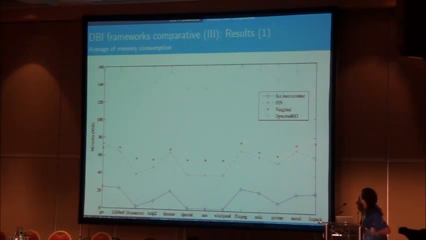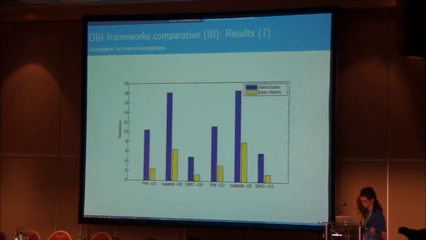Here we have the memory consumption of DynamoRIO, and here we have the memory consumption of Valgrind for each one of the binaries. Also here we have Pin, and of course here we have the execution without instrumentation, which, as expected, has the smallest size of memory.